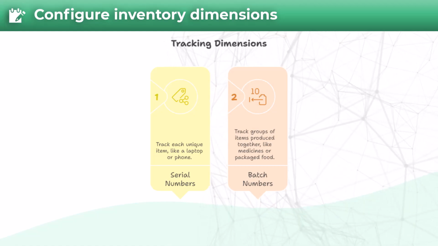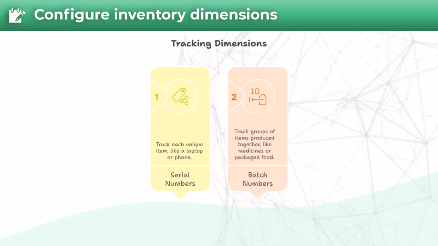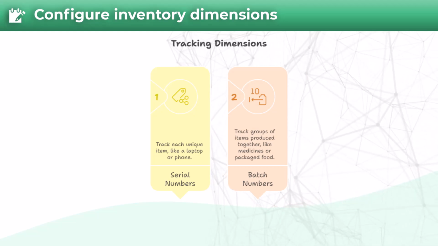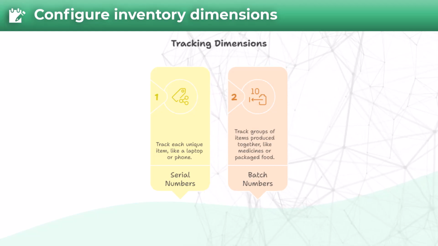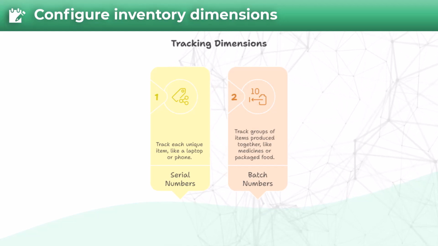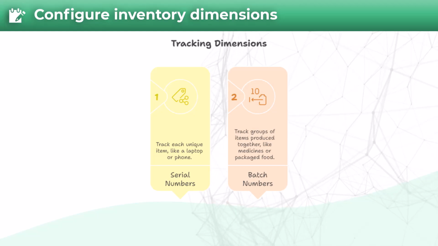It can also be a batch number. Batch number is useful to track a group of items produced together, like medicine or packaged food.